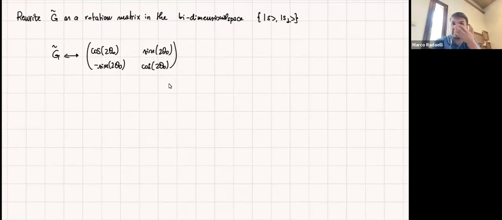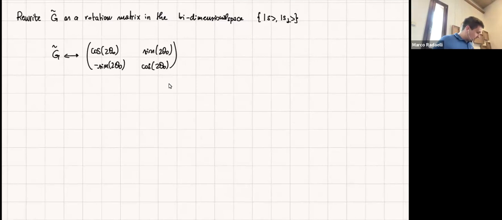Once again, notice that at this point, we don't know the value of theta naught, because we don't know the value of M. We know the value of L because we still need to be able to prepare the right number of qubits, but we don't know the value of theta naught. If we knew the value of theta naught, we would be directly able to calculate the number of solutions by its definition.